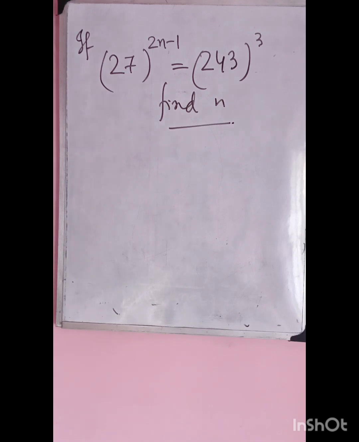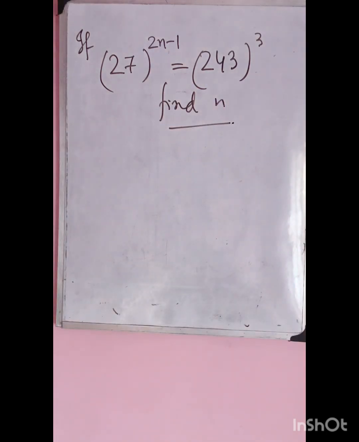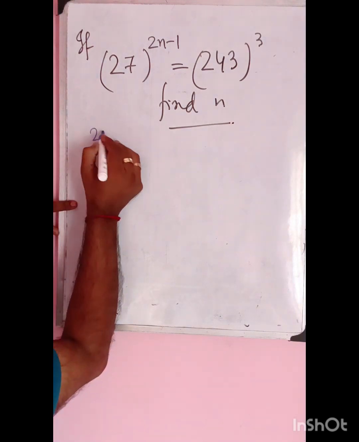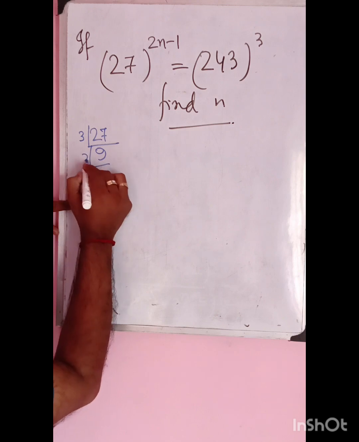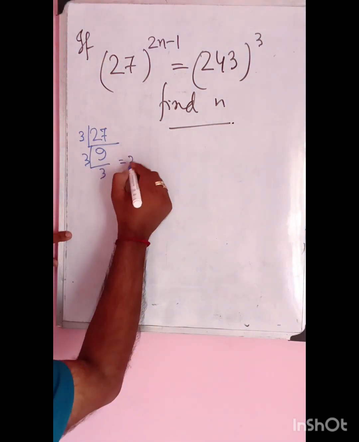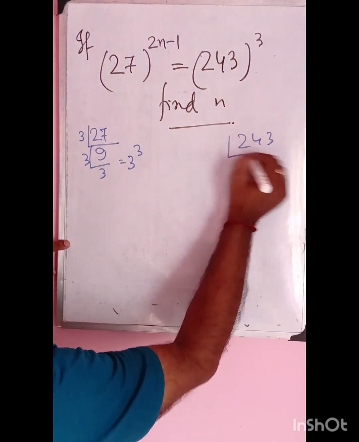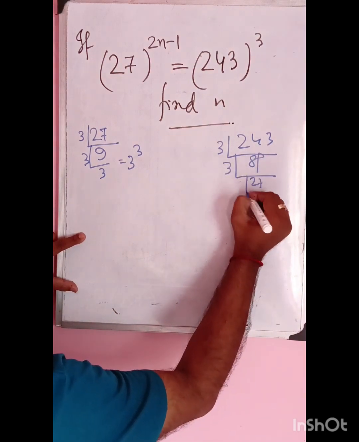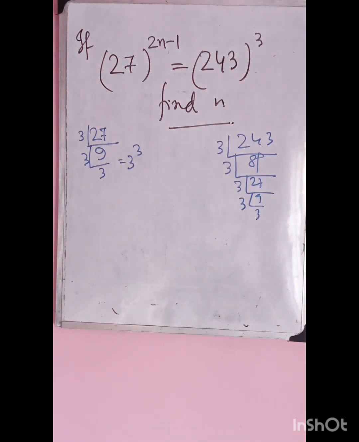For this case, again we should go to the lowest base. 27 can be factorized like this. So it is 3 to the power 3 and 243, 3 to the power 5.